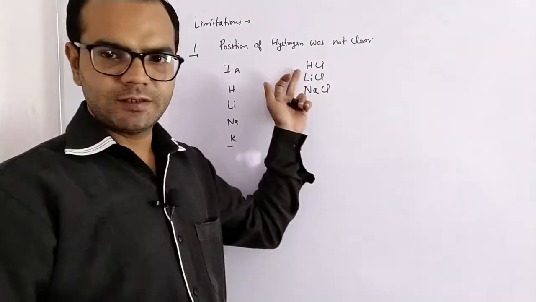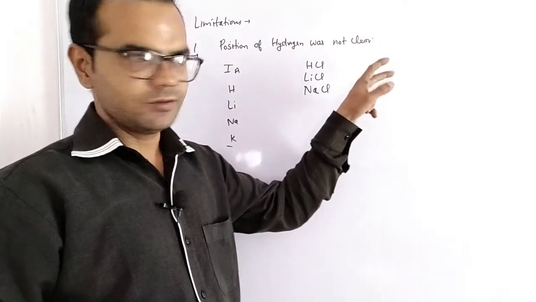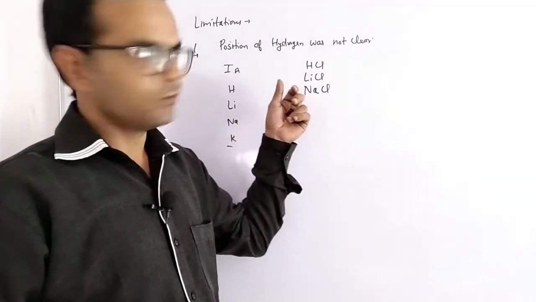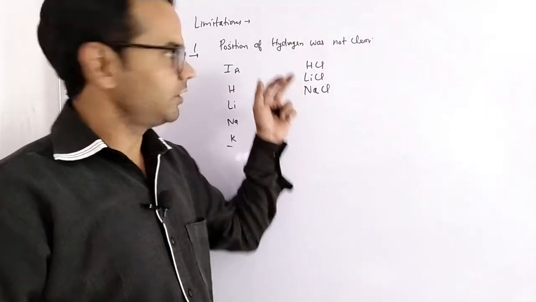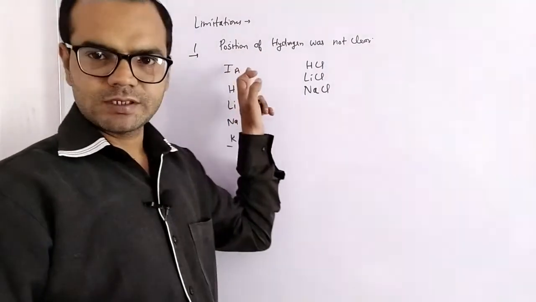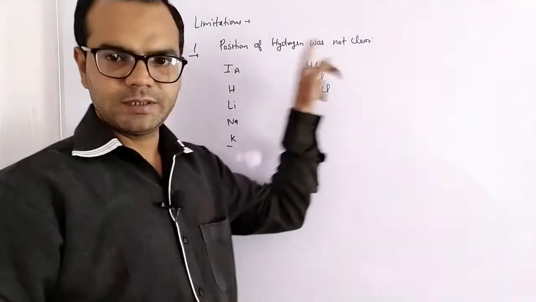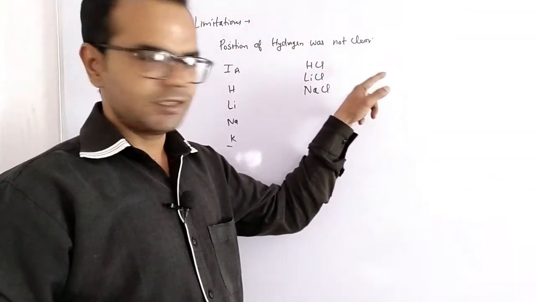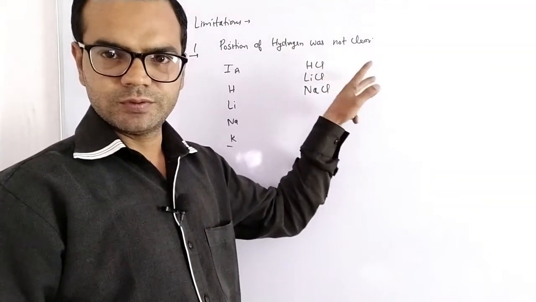Some properties of hydrogen match with group number 17. So he was unable to give the accurate criteria where to fix hydrogen, but he placed hydrogen in the first A group. But hydrogen can be placed in group number 17 of the modern periodic table, in the halogen group.